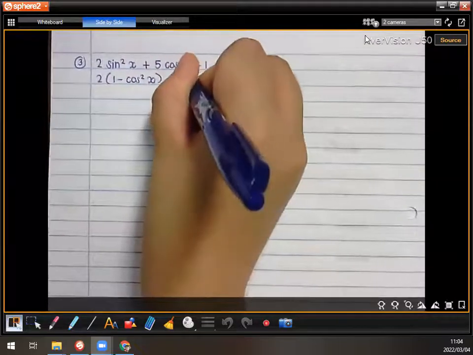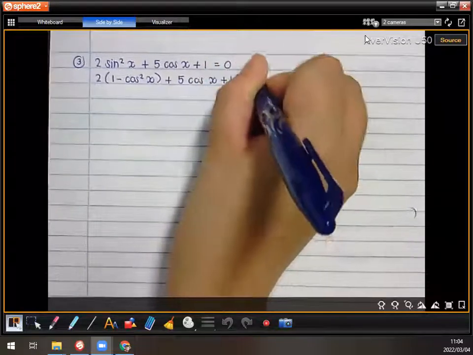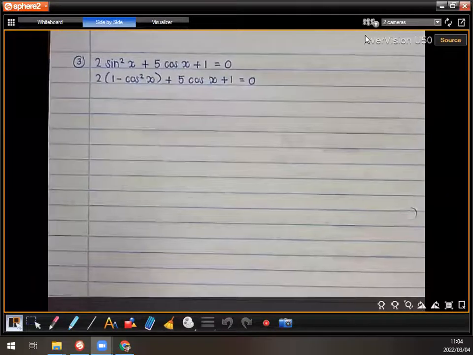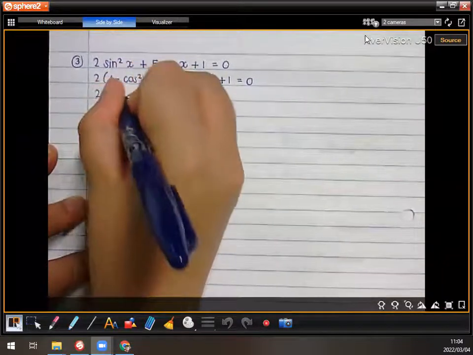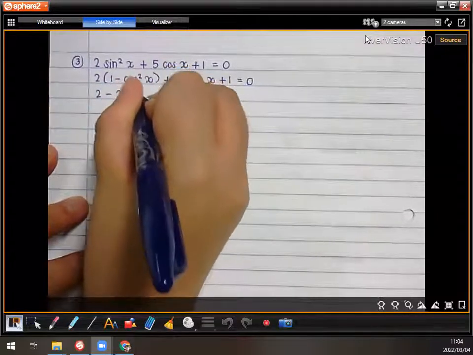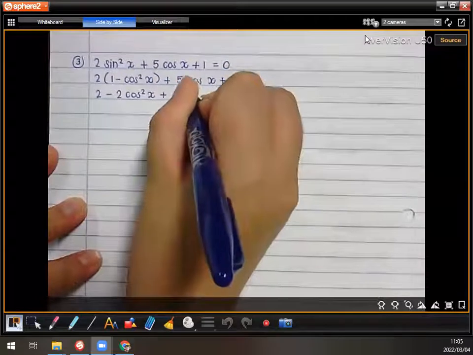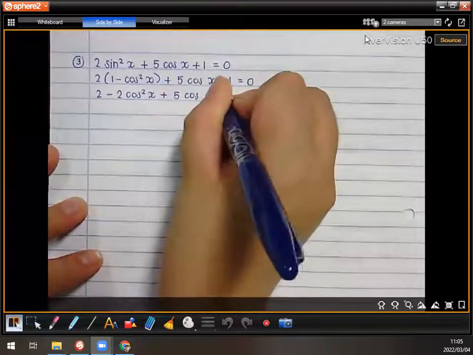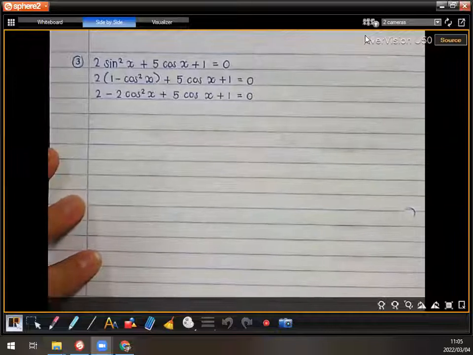So 2 times 1 minus cos squared x, plus 5 cos x plus 1 equals 0. Then I'm going to multiply the 2 into the bracket. So 2 minus 2 cos squared x plus 5 cos x plus 1 equals 0.